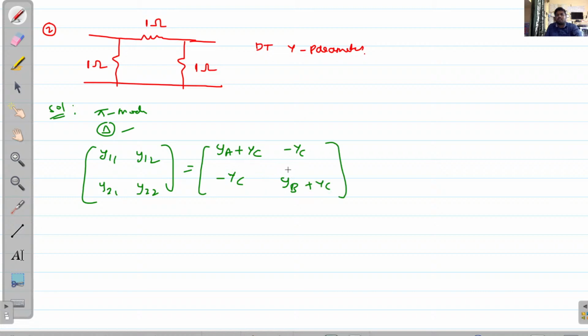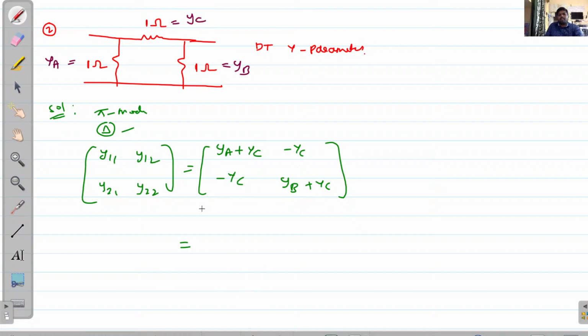This is the formula, right? Now you can first indicate these Ya, Yb, Yc values, then you can easily write the answer. This is your Ya and this is your Yb, and always indicate the middle value with Yc, right?